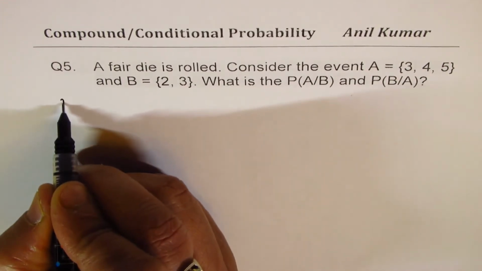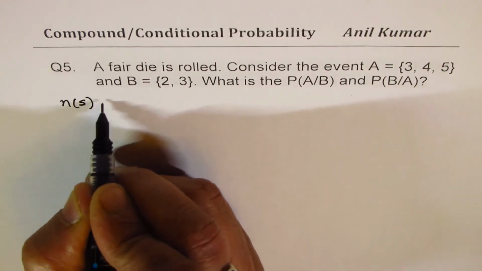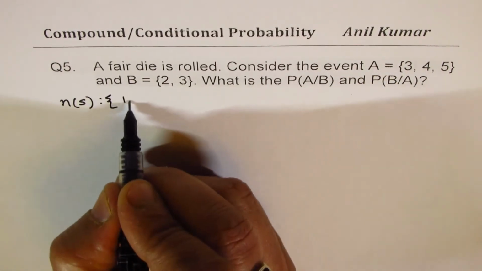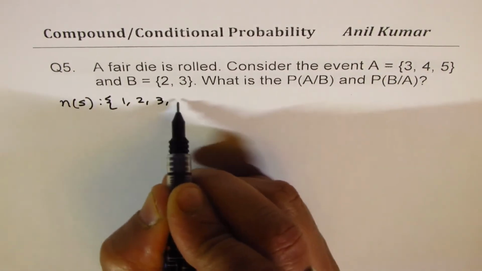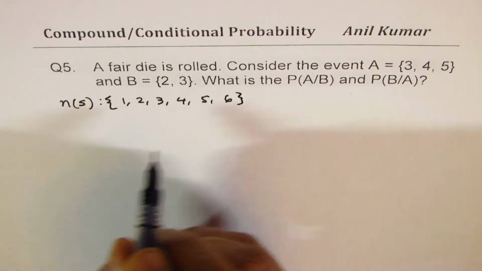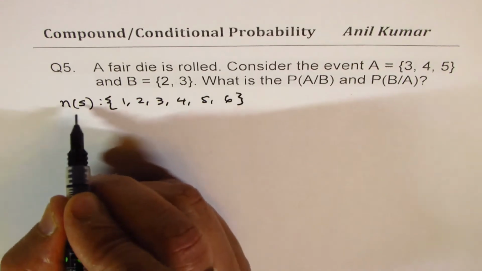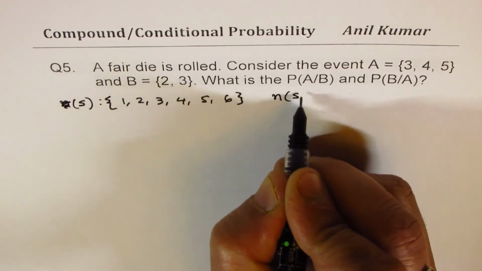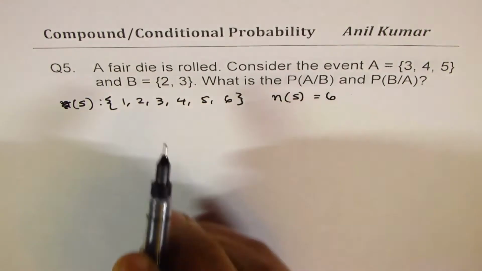In the sample space, the number of elements is 6, right? So we have 1, 2, 3, 4, 5 and 6, correct? So basically I should write the sample space, and the number of elements in the space is 6.